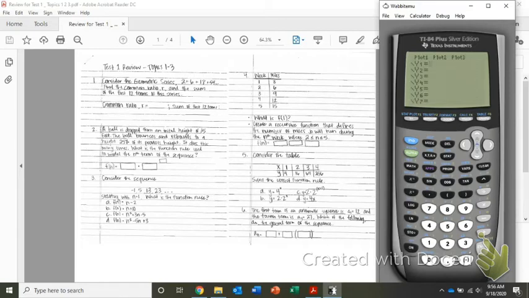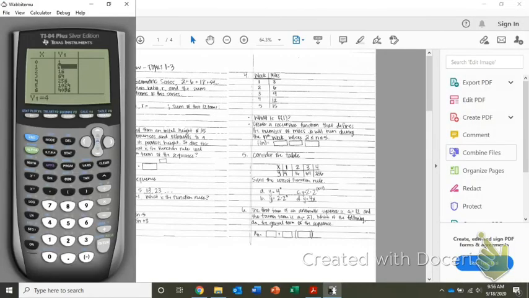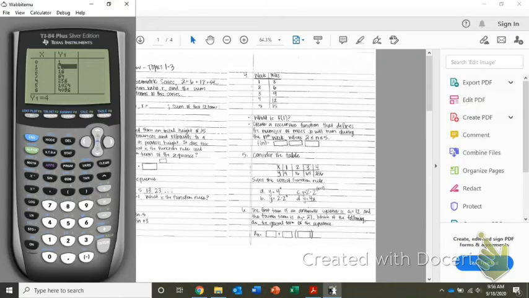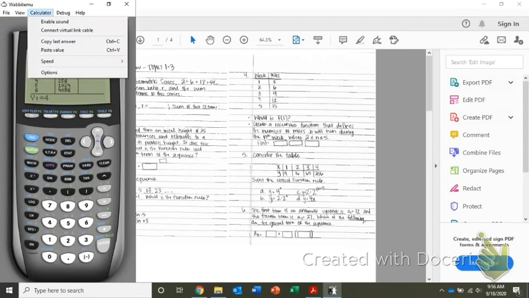Now, let's try A. 4 to the x power. That is an exponential function. When I plug in a 1, I should get out a 4. Oops, sorry. Oh well.